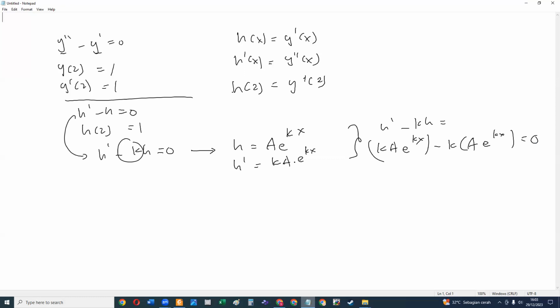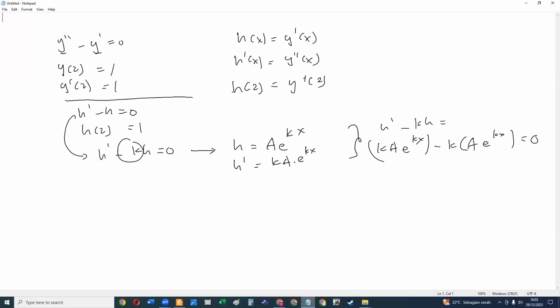Now that we have this, we can find the value of a by using h of 2.